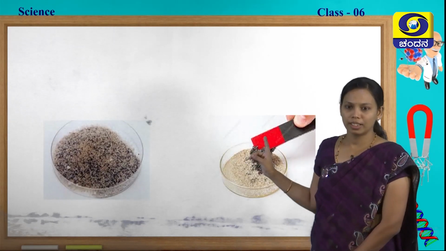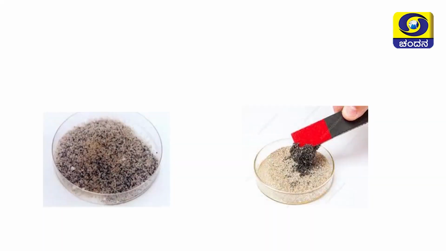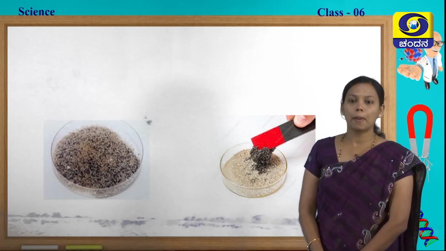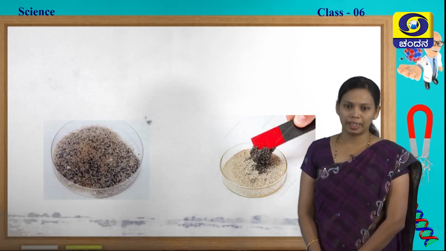When you bring the magnet near the sand particles, only the iron filings are attracted towards the magnet, so that you can separate the iron filings as well as the sand from the mixture. It is nothing but the magnetic separating method. This process is known as the magnetic separating method.